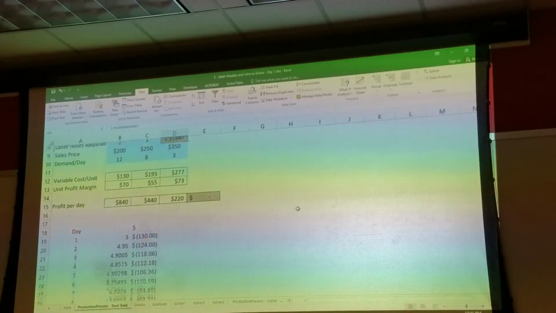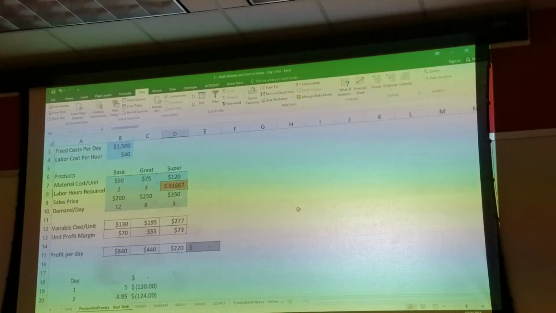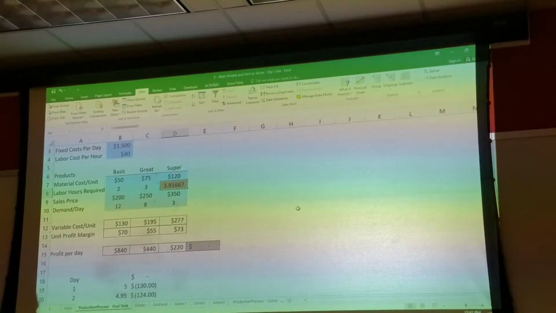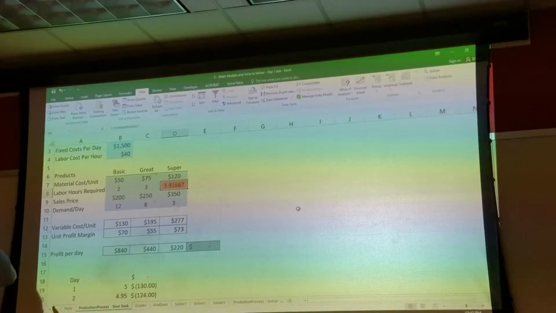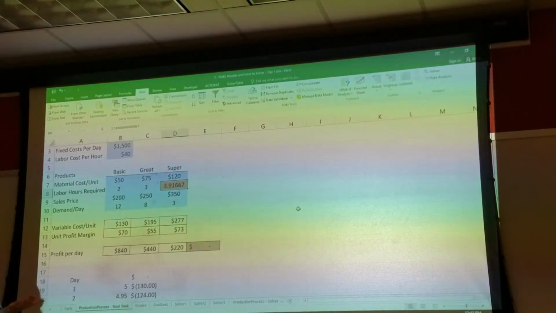But what you have to understand here is these were two different questions, and the two different questions lent themselves to two different solution approaches. When I asked how many days does it take, the data table did a better job of that. Okay, that listed them all out for me, found the day, and I'm all good there. The other question, how fast do they need to be in order for us not to be losing money anymore, in other words, break even, then just doing a straight goal seek on that was a perfectly reasonable thing to do.